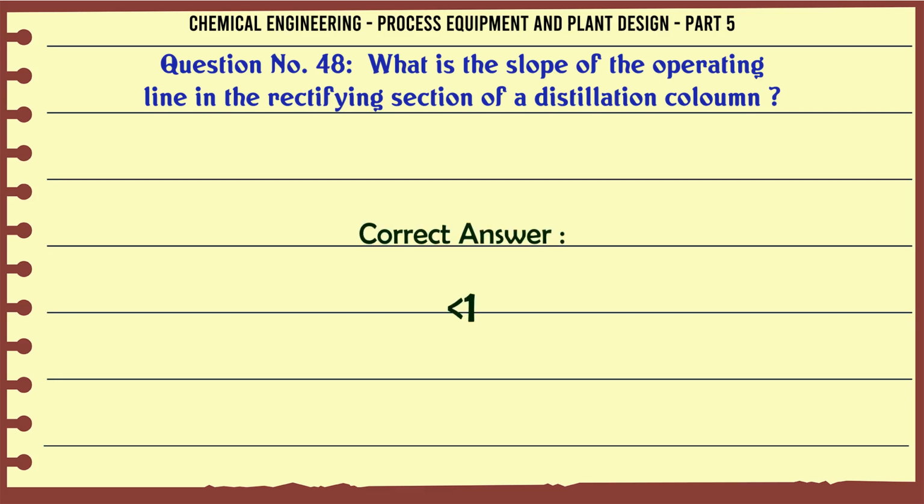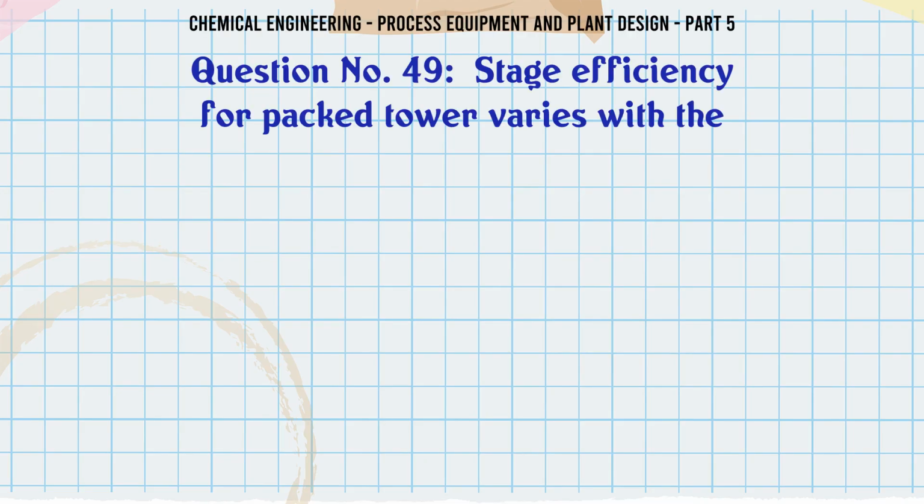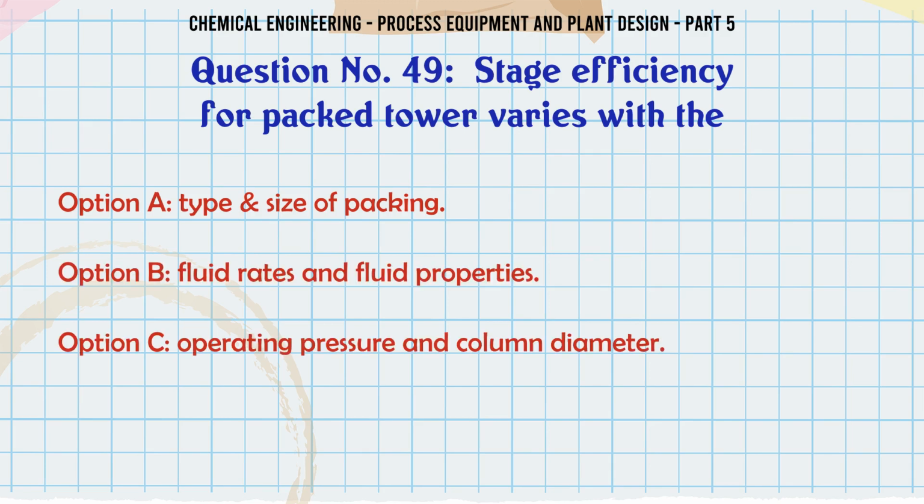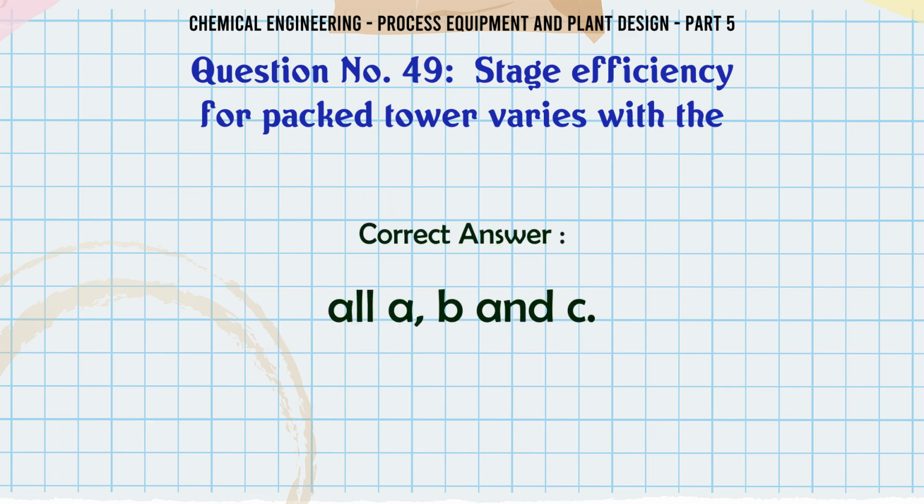The correct answer is 1. Stage efficiency for packed tower varies with the A. type and size of packing, B. fluid rates and fluid properties, C. operating pressure and column diameter, D. all A, B and C. The correct answer is all A, B and C.